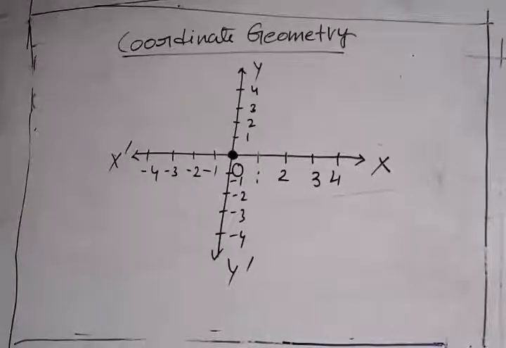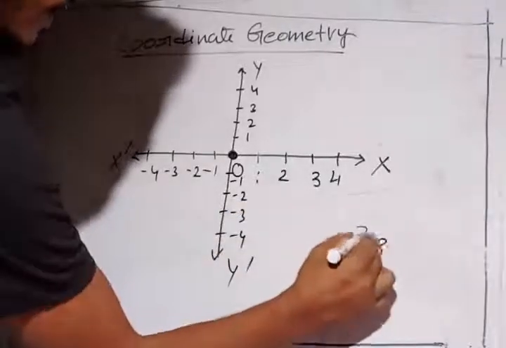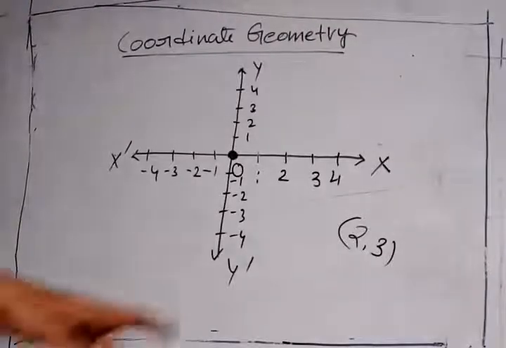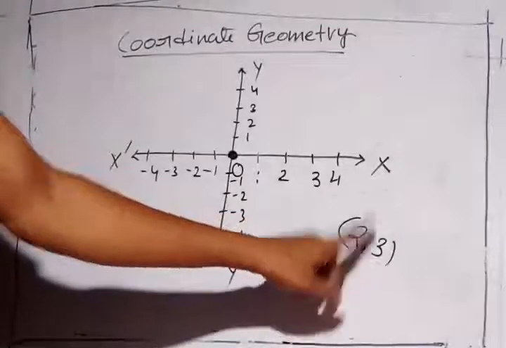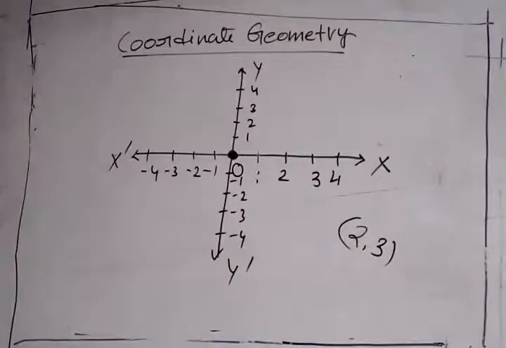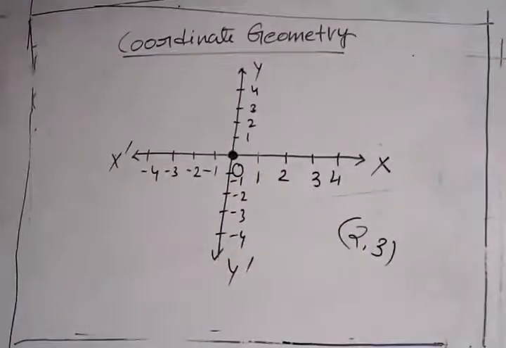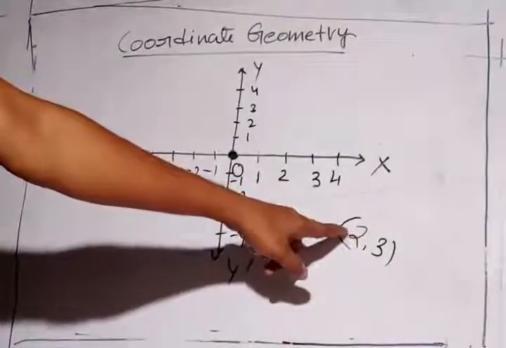Now one more thing, suppose you have to place value of x and y, suppose you have 2, 3. The first number is the value of x, then the second number, the 3, is the value of y. Suppose you have to put this value in this graph paper, then how will you put this? This is 2, positive 2, no sign means positive.